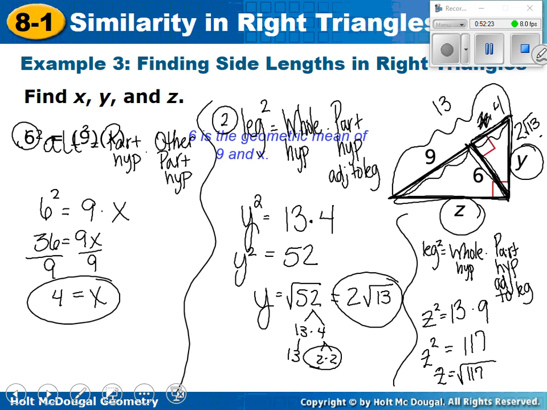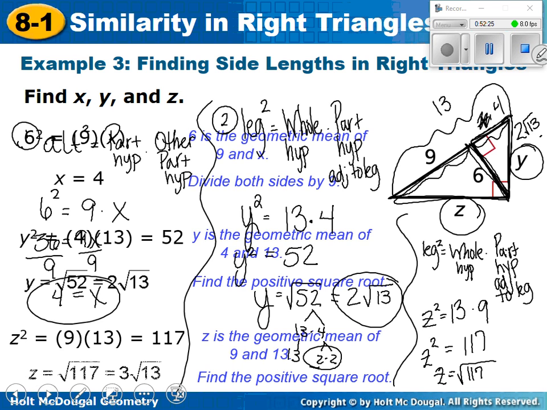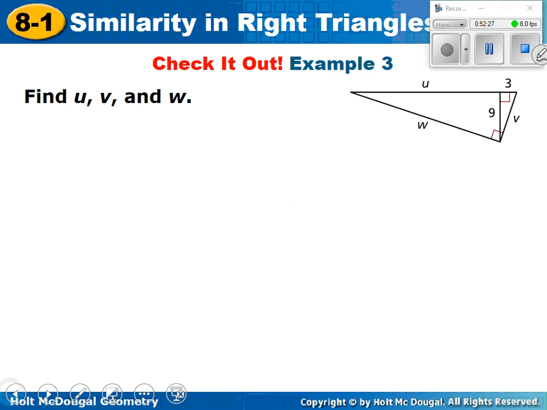I'm going to call on you and ask you to help me set it up. So be ready. We're looking at this picture. And let's go with Michael. What would we call V in this picture? Leg, altitude, hypotenuse, part of the hypotenuse. What is V?